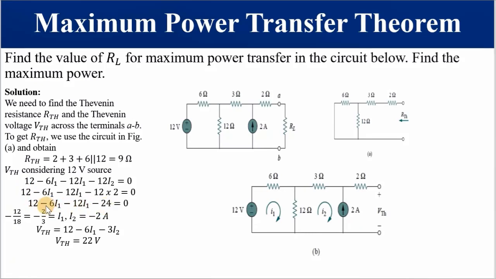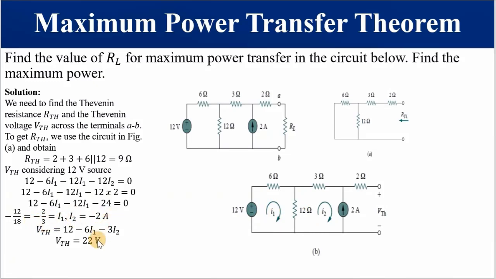If we simplify further, we are going to find a negative I1, and that negative I1 will be minus 2 over 3. The negative sign shows that the current is in the opposite direction to the direction that we chose. Our I2 is 2 milliamps because we are proceeding in the downward direction, and it is in the opposite direction to I1. So these are the 2 currents, our I1 and our I2.